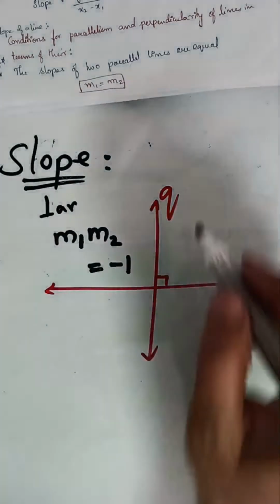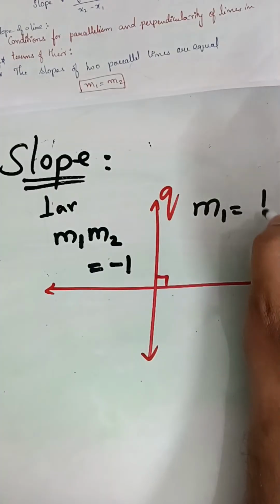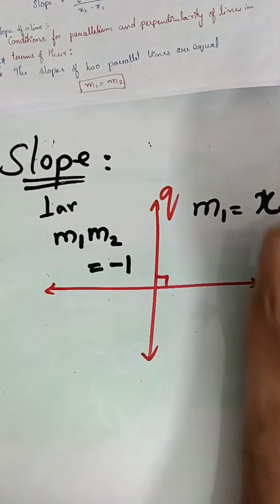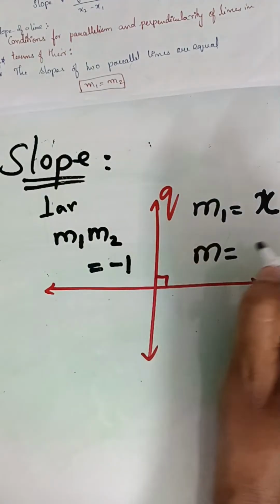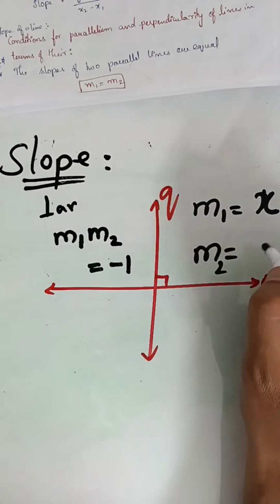So in a simple way, I will explain. If m1 is x, m2 should be the negative reciprocal of m1.